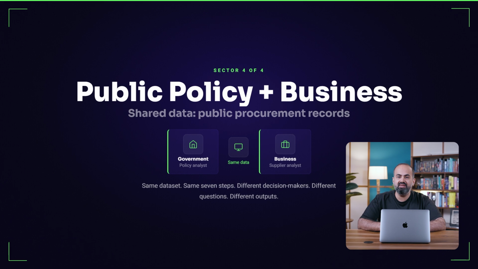The public policy view: a policy analyst wants to know, are there systematic patterns in how contracts are awarded that suggest concentration of spending with a smaller number of suppliers? She uses a global database of publicly available public procurement and contracting data published by governments in a standardized format. Vietnam, Bangladesh, India, and dozens of other countries contribute to it.